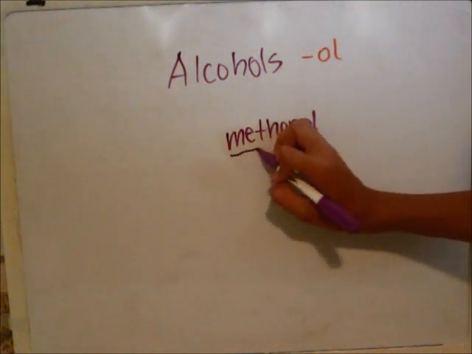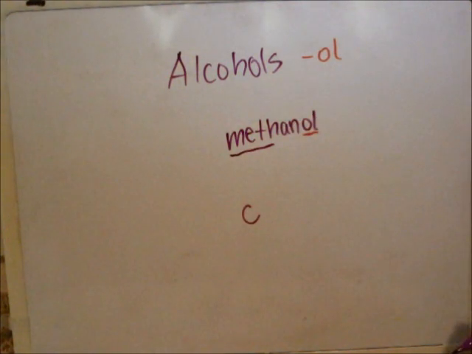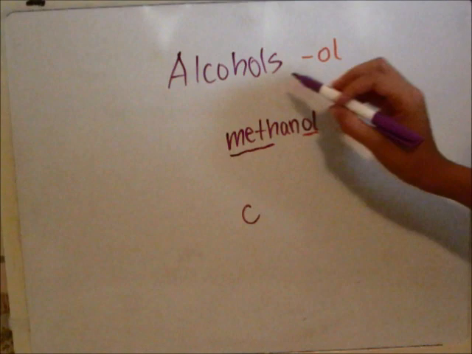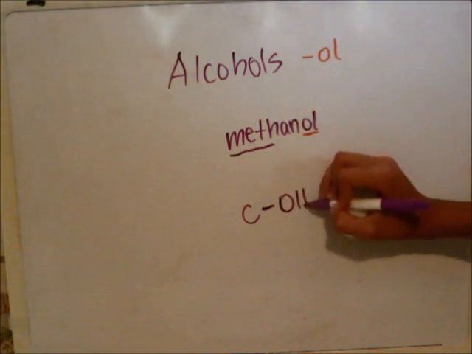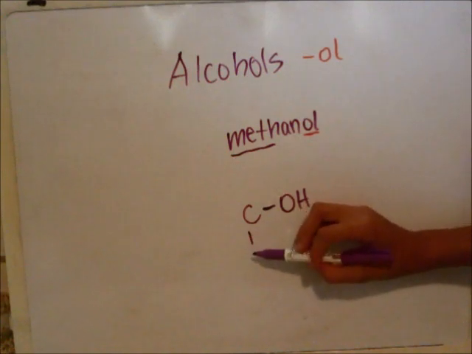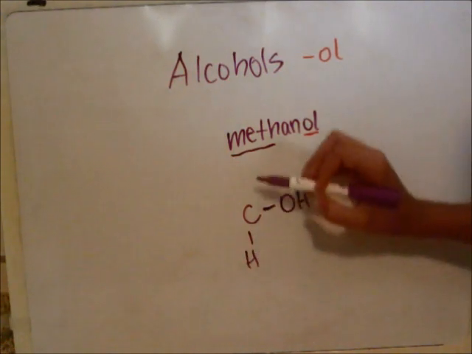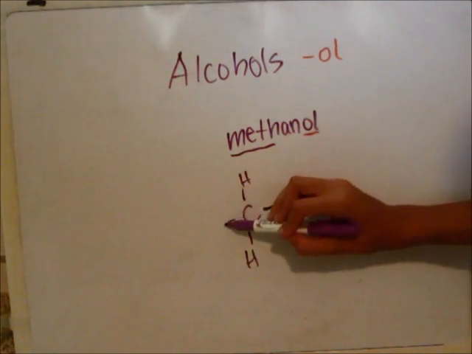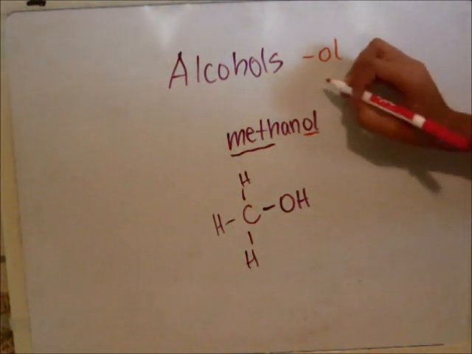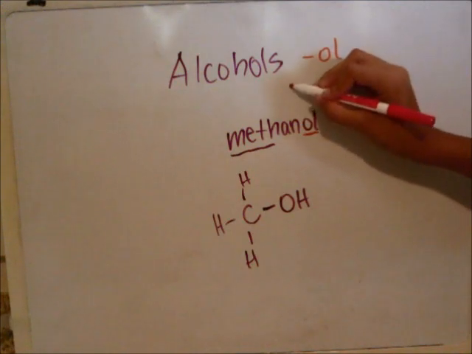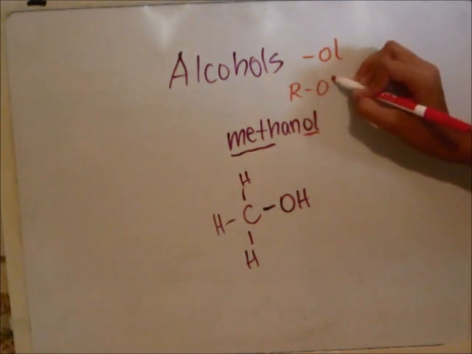Well, meth means 1, so there's just 1 carbon, and there's just an OH, because an alcohol has an OH ending. So it looks just like that. That is the simplest alcohol possible. So just to know about alcohols, they end in OL, and they look like that.